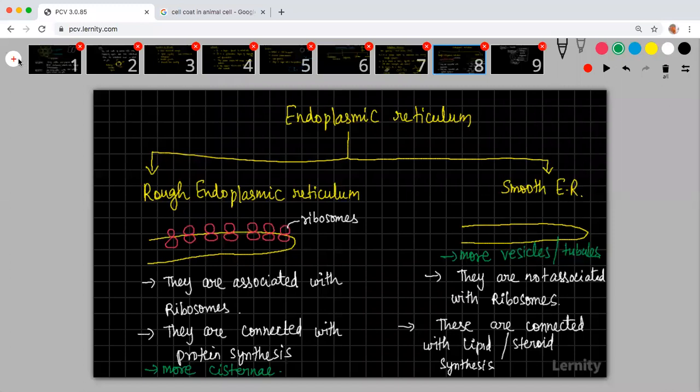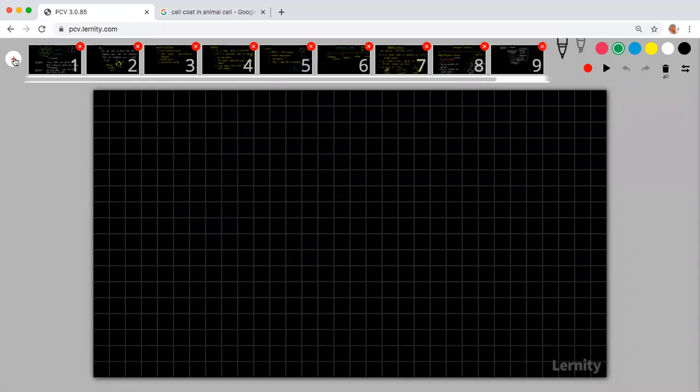Please write: rough endoplasmic reticulum and smooth endoplasmic reticulum are interconnected.